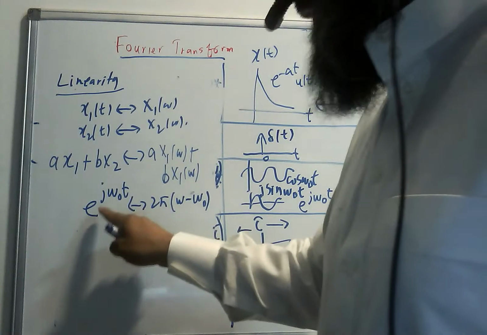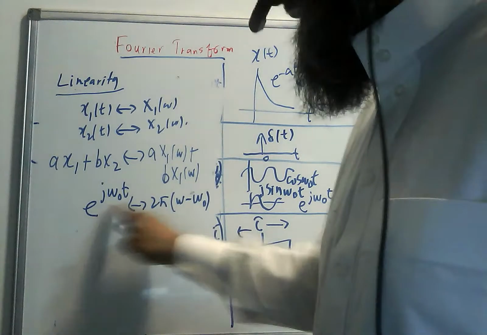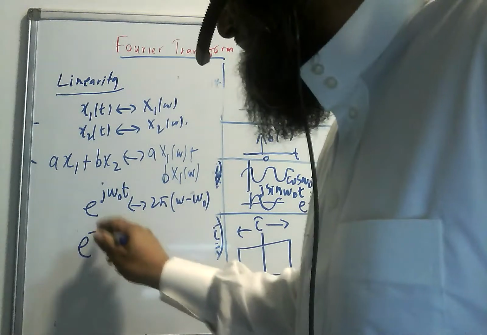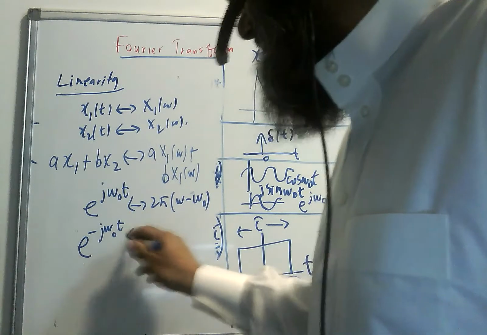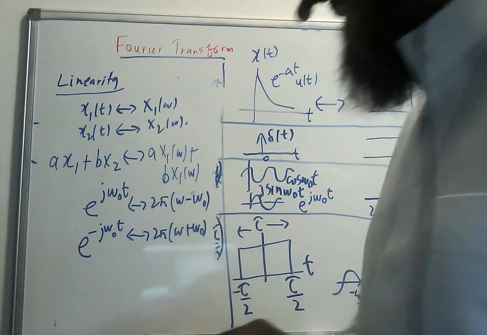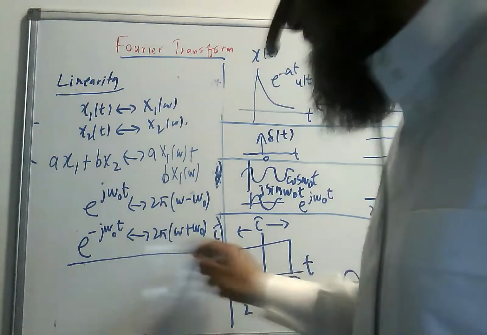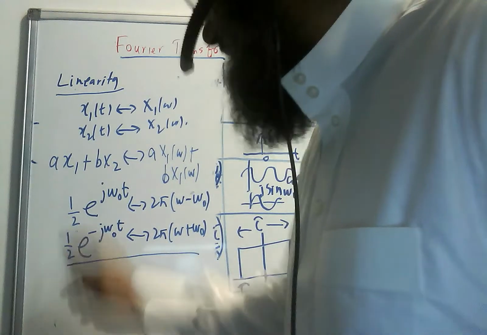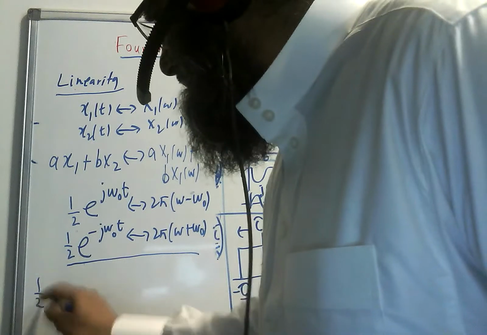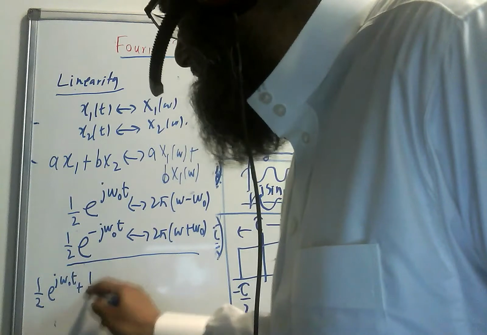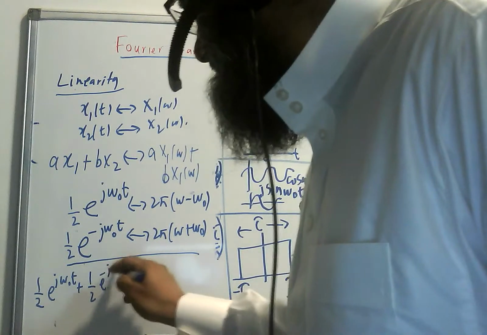So if the Fourier transform of e raised to power j omega naught t is 2 pi delta of omega minus omega naught, then the Fourier transform of e raised to power minus j omega naught t will be 2 pi delta of omega plus omega naught. And if I multiply each by 1 by 2 and add them, it will be 1 over 2 e raised to power j omega naught t plus 1 over 2 e raised to power minus j omega naught t.